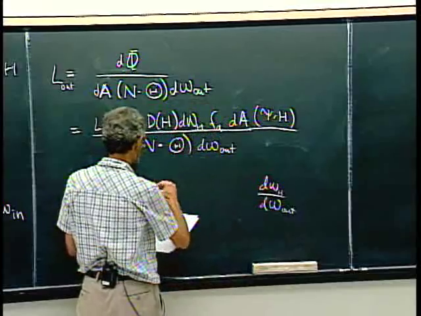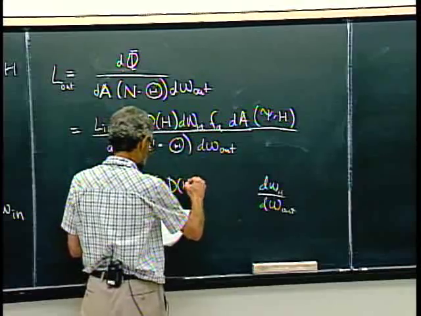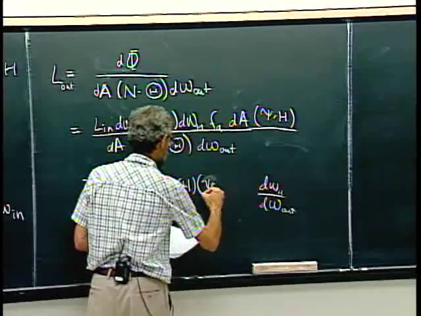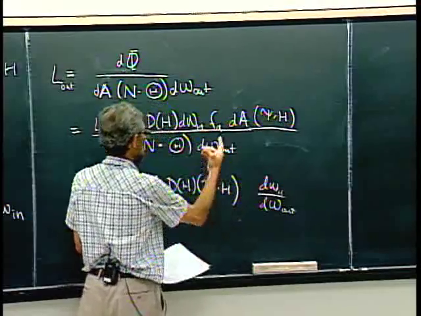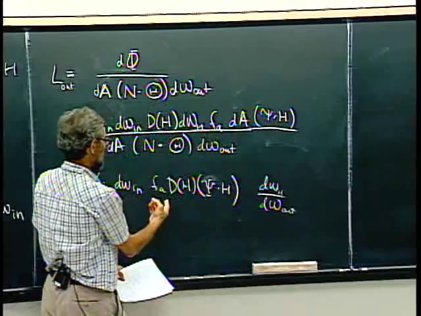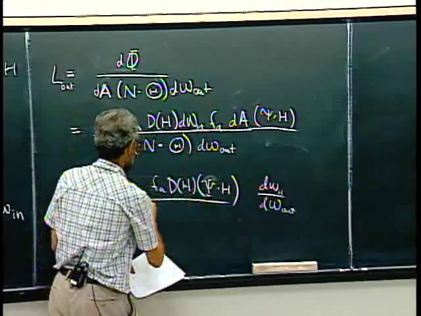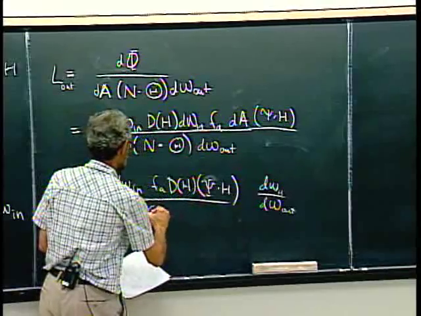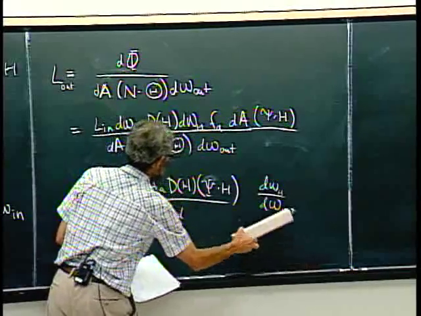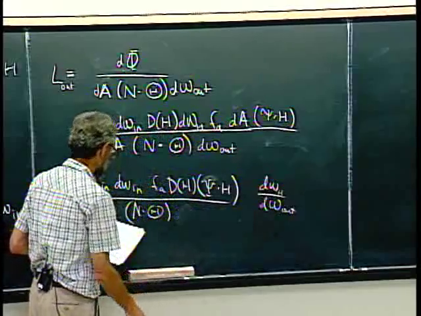And then what I have left in the numerator is F, G, D of h, psi dot h, and I'm canceling the dA's. And over here I have n dot theta. Well, I wrote my d omega out as part of this fraction, and the dA's cancel. So I guess that's what I have.